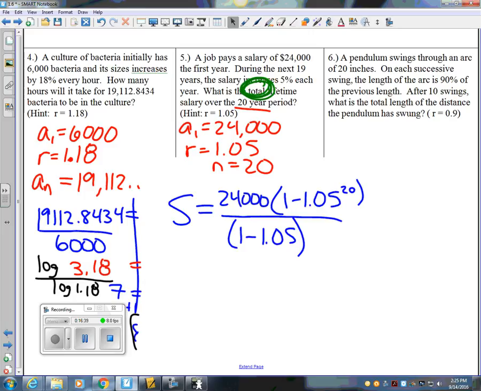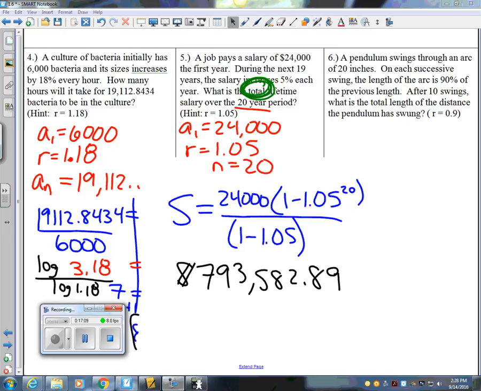I want to give everybody time to type this one in so that we can figure out our calculator. All right, you should be getting 793,582.89.